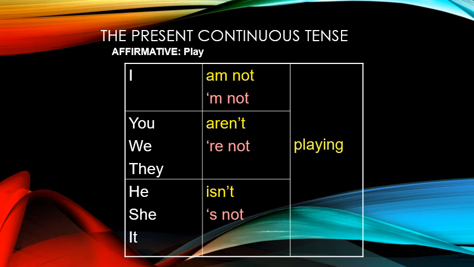We aren't playing, we're not playing, or we are not playing. They aren't playing, they're not playing, or they are not playing. He isn't playing, she isn't playing, it isn't playing, or he's not playing, she's not playing, it's not playing. It's very easy and very simple.